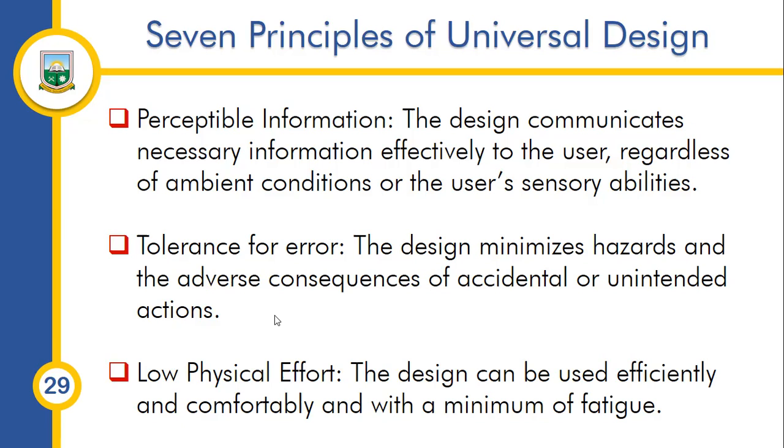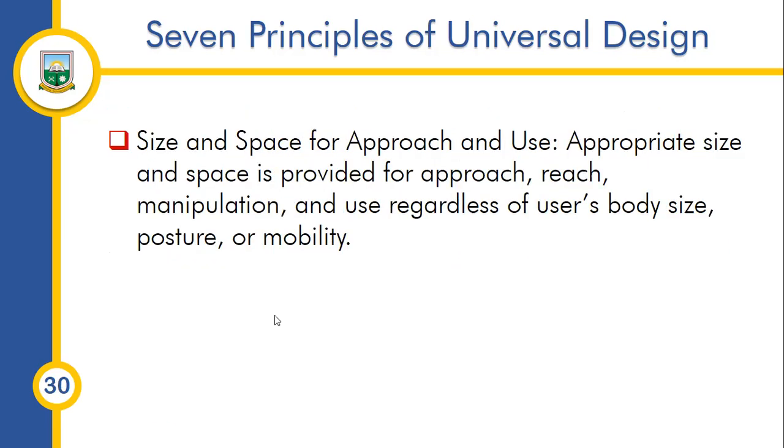Then another principle is low physical effort. The design can be used efficiently and comfortably and with a minimum of fatigue. And the last principle is size and space for approach and use. It has appropriate size and space provided for everyone, regardless of your body size and all that.